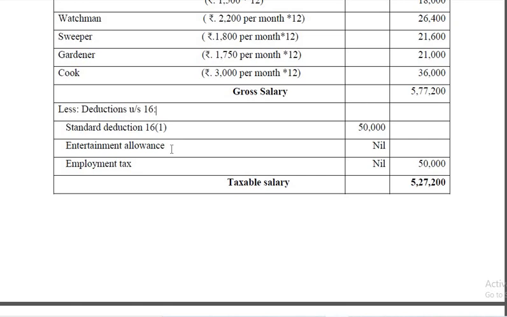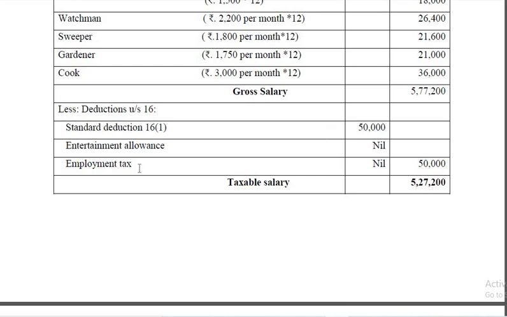Though entertainment allowance is there, that is not deductible because the employee is not a government employee. If the employee is a government employee, it is taxable first, then deduction is available under section 16(2). But here, since the employee is not a government employee, deduction is not available.